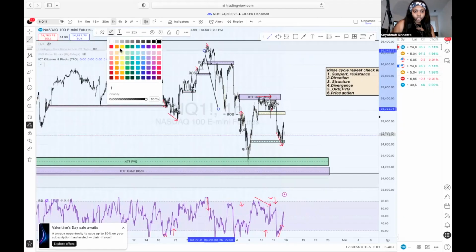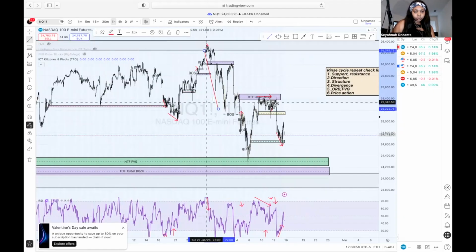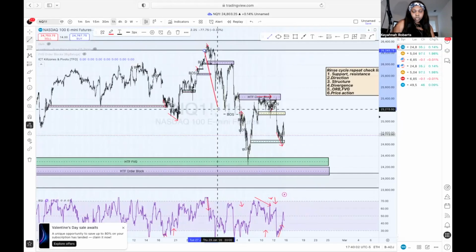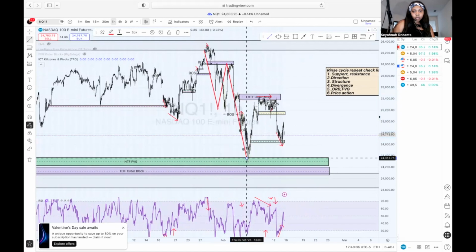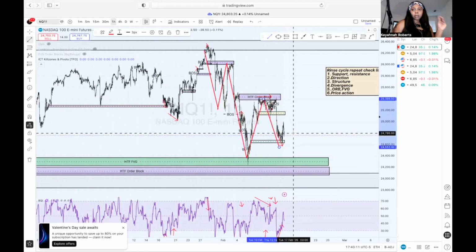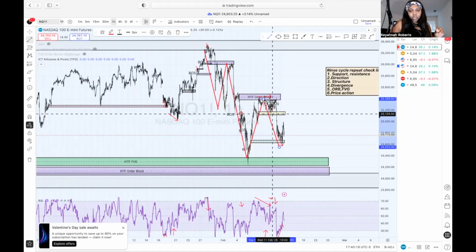Let's change it to red. Good. And then we'll thicken it up a little bit. So originally this was the sell I was looking at on the 1 hour. So my overall bias was a sell bias for NASDAQ. But where we were at the moment, we were in this consolidation area right here.